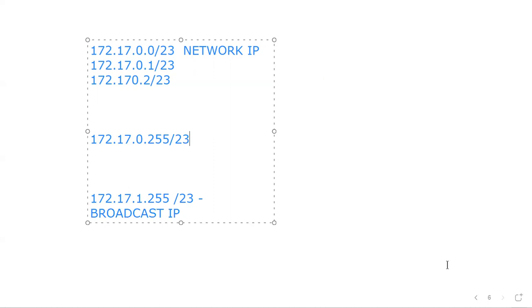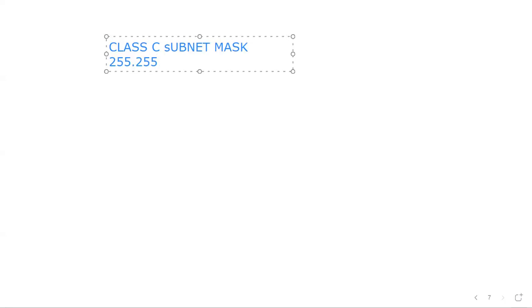The same steps apply in class A subnetting. Okay, let me tell you about the subnet mask of all the classes. Class C subnet mask is 255.255.255.0, right?